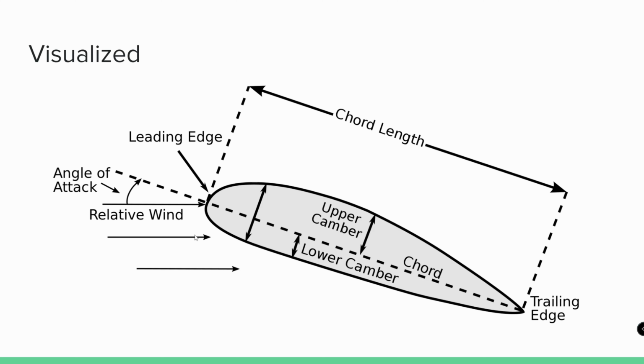Your flight path is going parallel but directly opposite of the relative wind. So when we look at our flight vector on our HUD, that's the direction the plane's going, and that's the exact direction opposite the relative wind is coming from. And the difference between the relative wind and the chord line is our angle of attack.